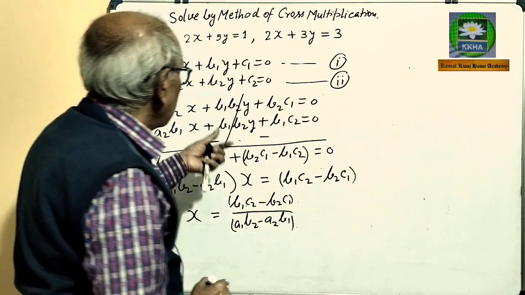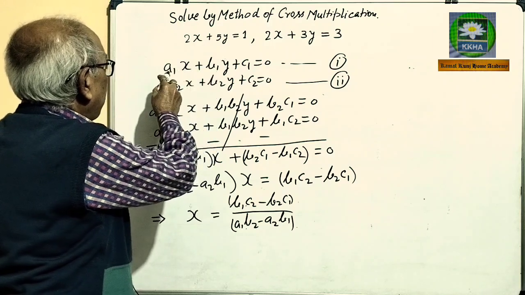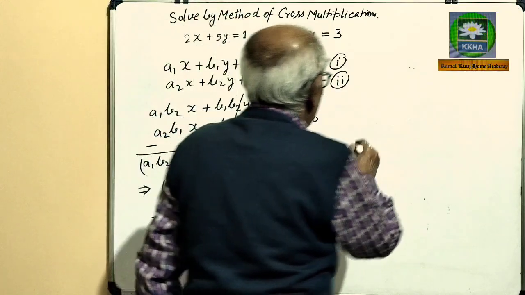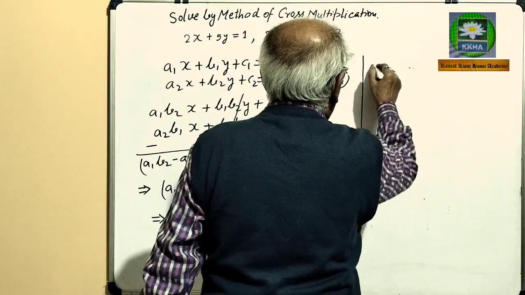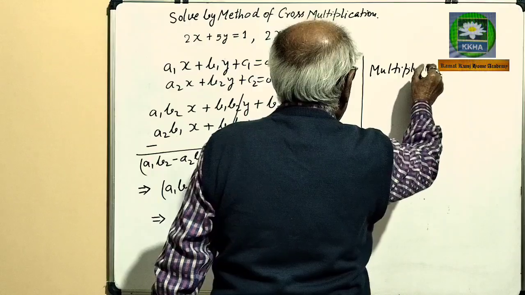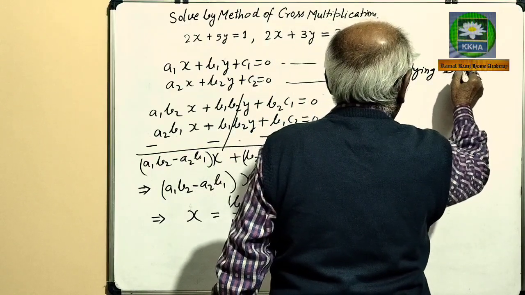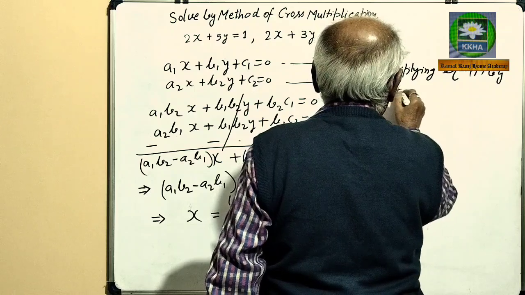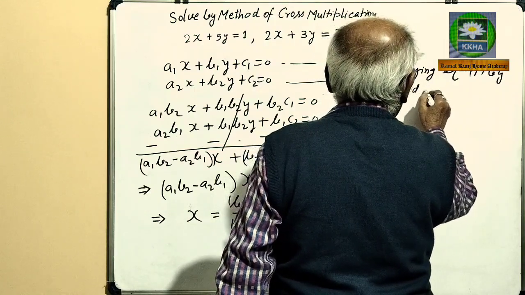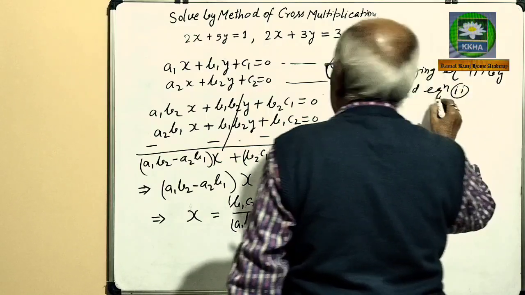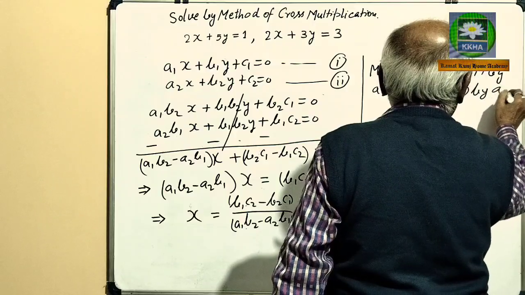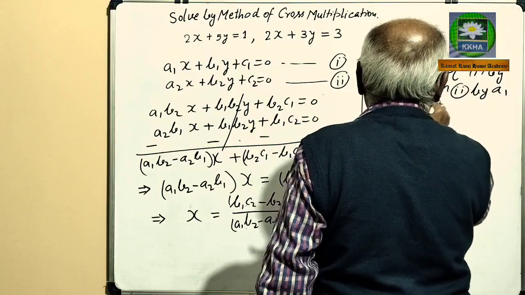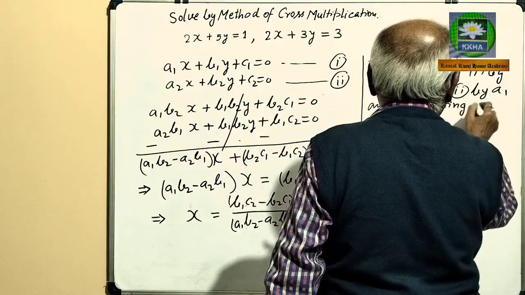Now for finding the value of y, multiply equation 1 by a2 and equation 2 by a1 and then subtract.